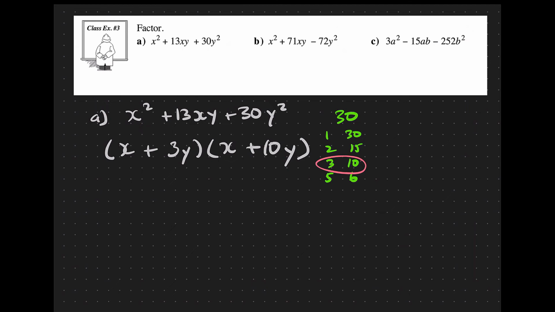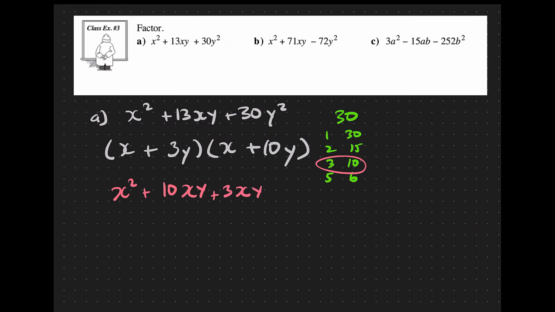So x times x is going to give me x squared. I have x times 10y, which is going to give me a plus 10xy. And the inside is 3y times x, which is going to give me a plus 3xy.